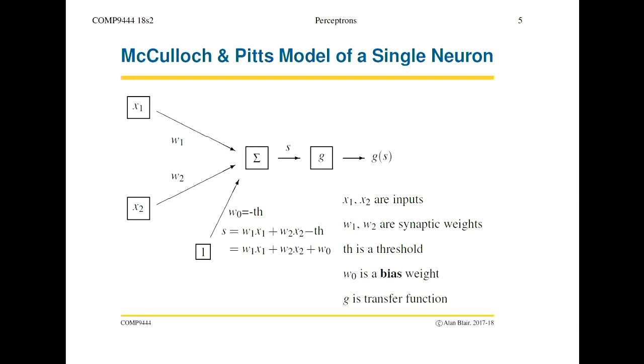The reason it's called the bias is that the bigger the W0, the more likely it is that the neuron is going to say, yes, this is a C. The lower the W0, the less likely it is to do that. So we get this picture where we add every input multiplied by the corresponding weight, and then we add the bias, and we check whether that result is bigger than 0.